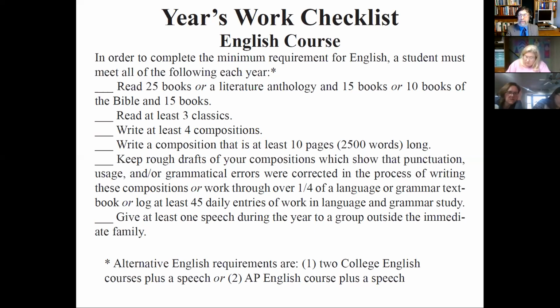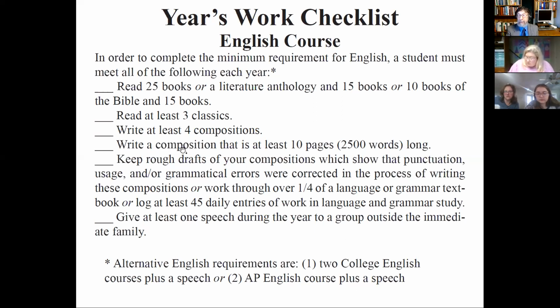I'm going to go on to the writing requirement. You have to write at least 4 compositions each year, and one of them has to be at least 2,500 words long. Now, it doesn't say it has to be a research paper. It doesn't say it can't be a play.